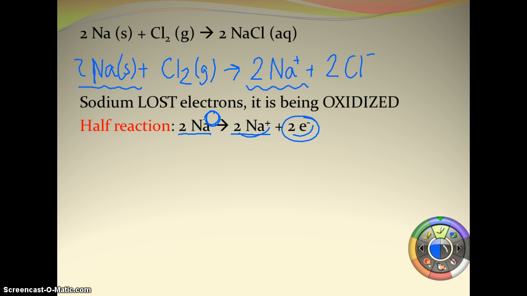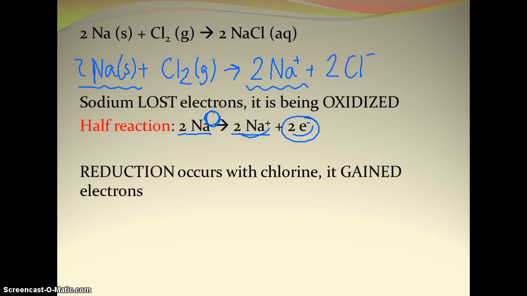So if the sodium lost electrons, that means that the chlorine had to have gained electrons. So chlorine gained electrons. Now, these 2 electrons didn't magically just appear. They came from sodium.